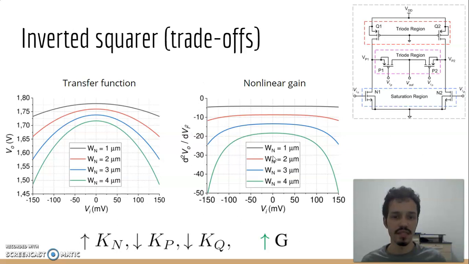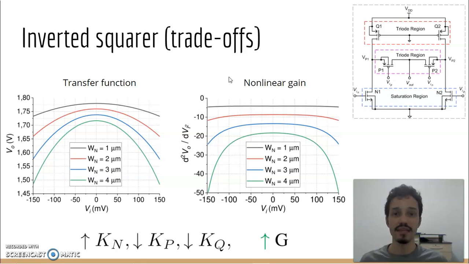Here we can see that increasing the Wn variable, and therefore the Kn, will cause an increment in the absolute value of the gain, but also a decrement in the maximum allowable range of the input signal. This increment in gain comes with an increment in the circuit's current, since the NMOS devices drive the circuit's current, and therefore we have a power-gain trade-off here.